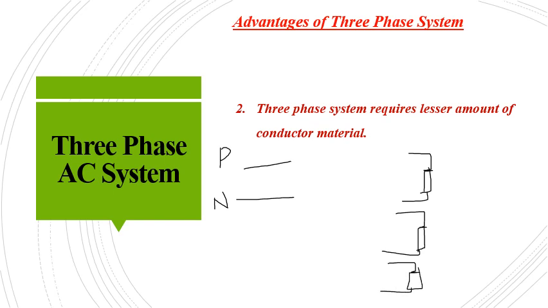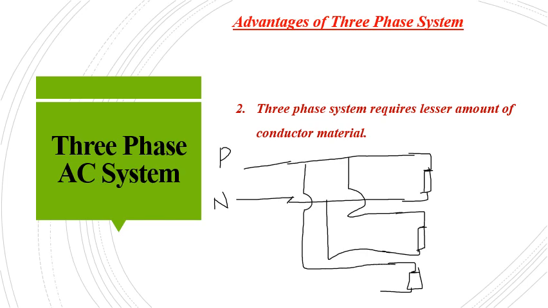For connecting these loads to the supply, let's check the number of conductors required. This is the first conductor, second, third, fourth, fifth, and sixth. So a total of 6 conductors are required.